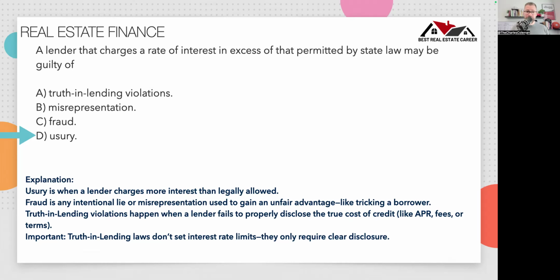Truth in lending violations happen when the lender fails to properly disclose the true cost of credit, like APR, fees, or terms. Truth in lending law does not set interest rate limits. They only require clear disclosure.